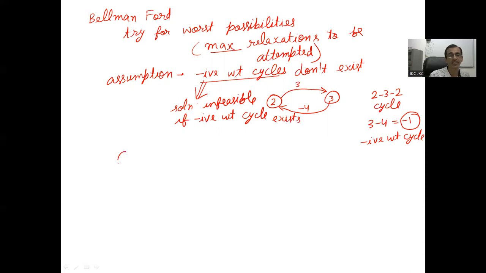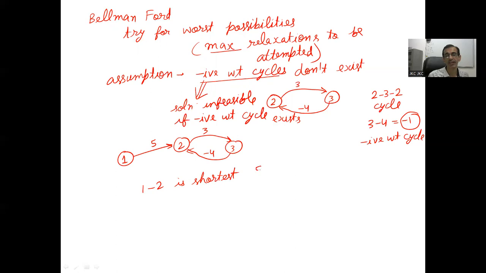Why? Let's have an example. Say I have vertex 1, and I reach vertex 2 with a distance of 5, and assume the connection 2 to 3 with weight 3 and 3 to 2 with weight -4 is also available. Assume 5 is the shortest compared to all other routes.